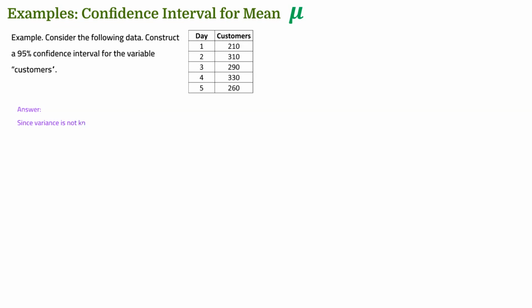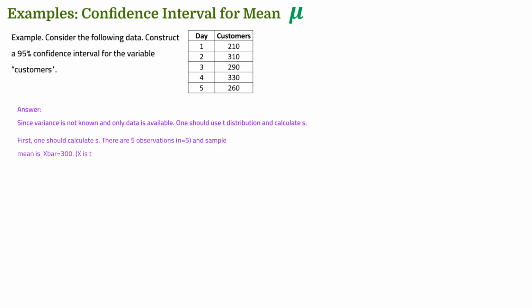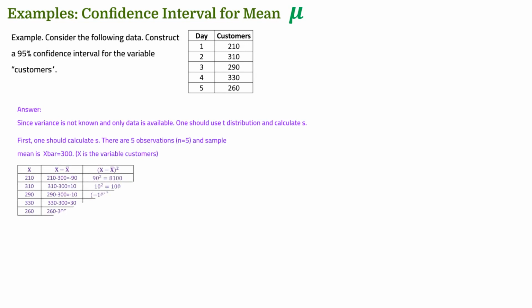Here's the answer. Since variance is not known and only data is available, one should use t distribution and calculate s. First, one should calculate s. There are 5 observations, n equal to 5, and sample mean is x bar equal to 300. x is variable customers.